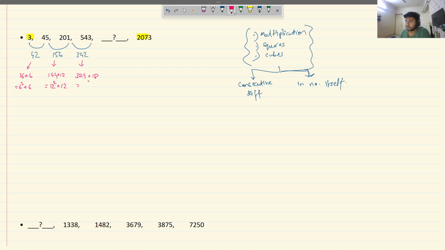And 324 is 18 square, plus 18. So these are going in multiples of 6: 6, 12, 18. They are squared plus the number itself. So the next number, after 18, the multiple of 6 is 24. So 24 square plus 24, that should be the number.